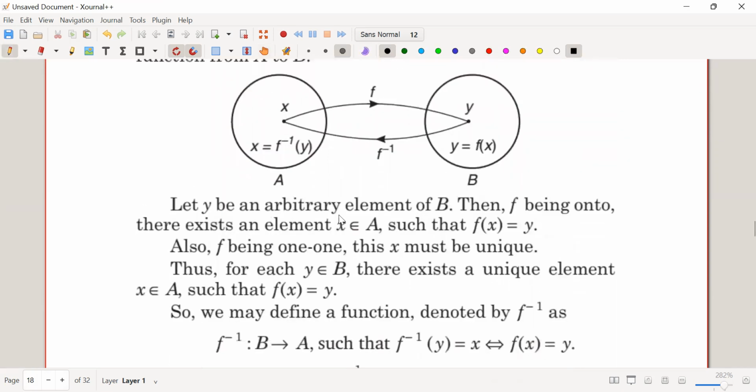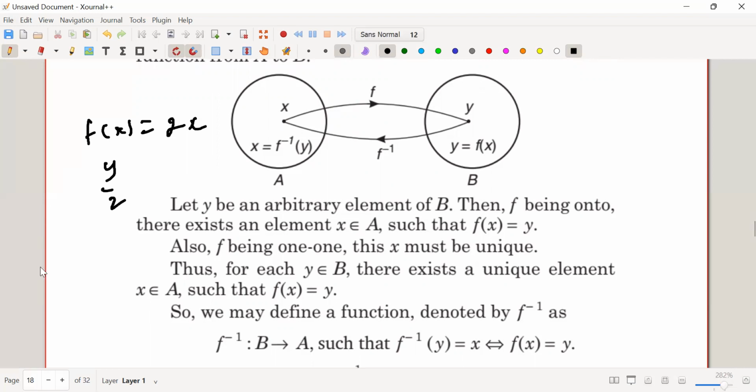Let y be an arbitrary element of b, then f being onto, there exists an element x of a such that f of x equal to y. That is, if the function is related by the formula f of x equal to 2x, then its reverse, with this being y, will be related back by y by 2.